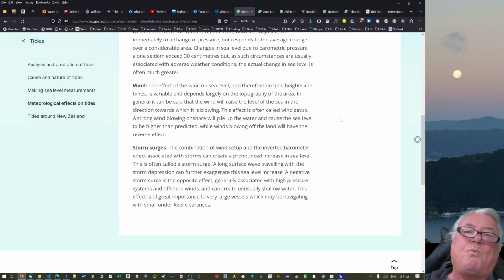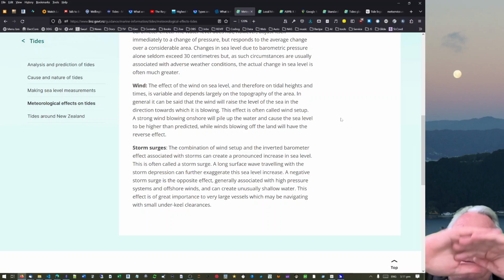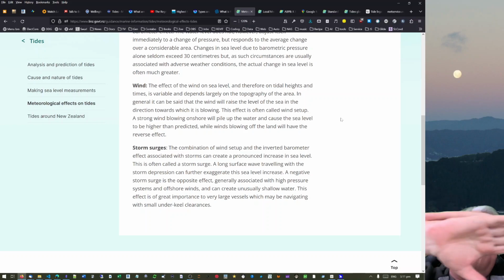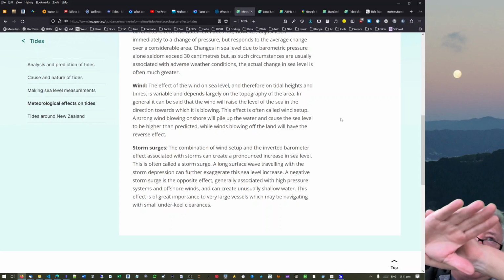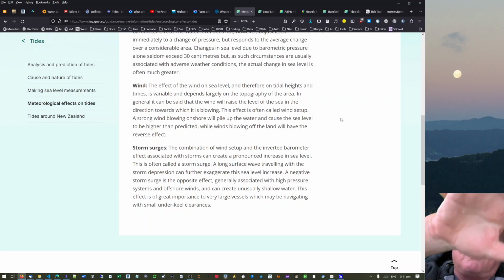You can also get the wind, which has some effect. So this is the wind blowing over, and as it's rubbing on the surface of the water, it's adding force from the wind into the water, causing waves.